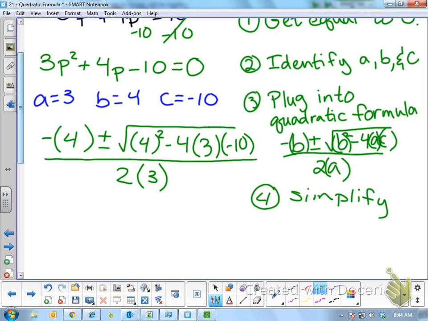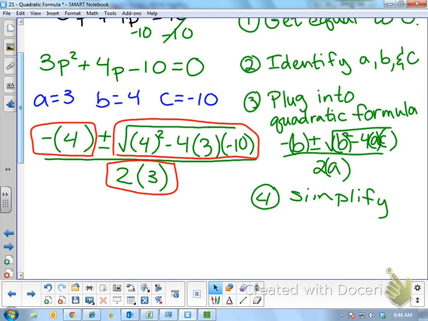Then we will simplify all the way. So when we simplify each section basically, I simplify here, and I simplify on the bottom. Each of those sections needs to be simplified.